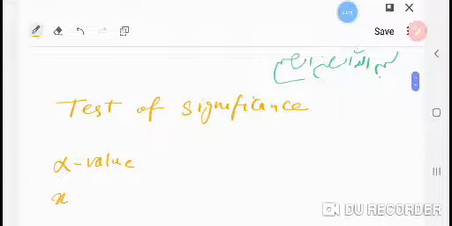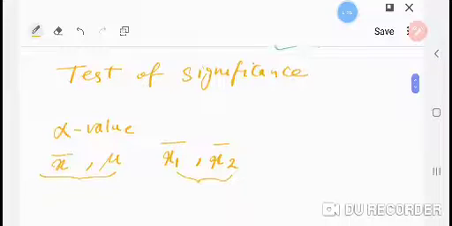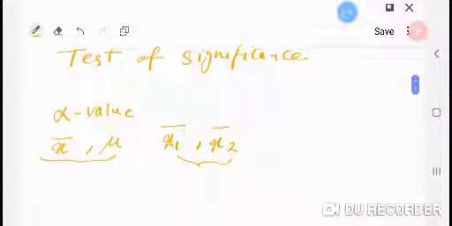and x bar and mu, or x bar 1 and x bar 2, are not truly different.